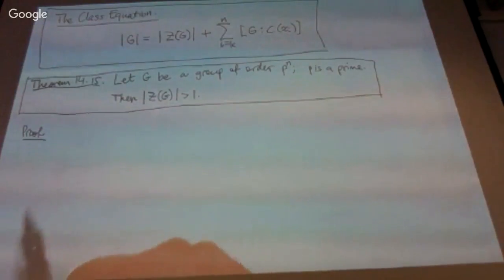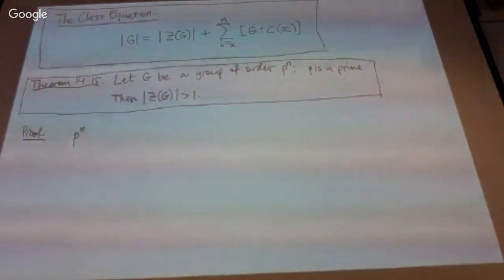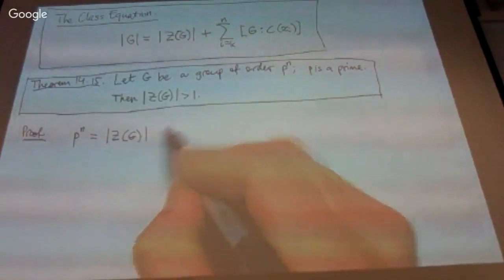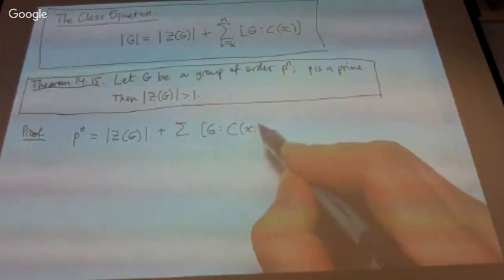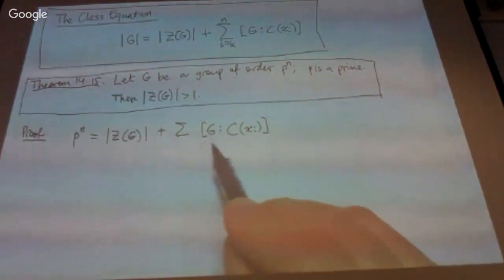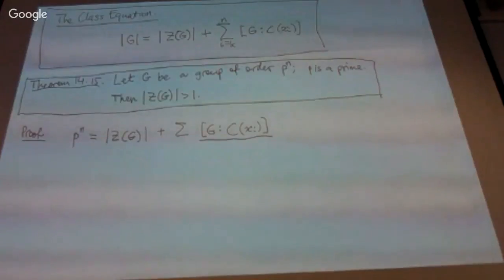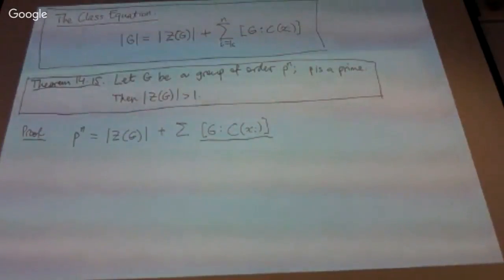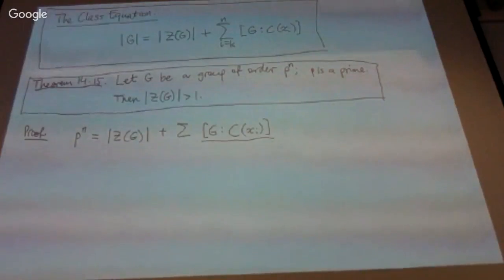Okay, so look at the class equation. What is the order of G? It's p to the n. So this is the order of Z plus some sum of these indices. Now they're the non-trivial conjugacy classes, so these are the sizes of the non-trivial conjugacy classes.